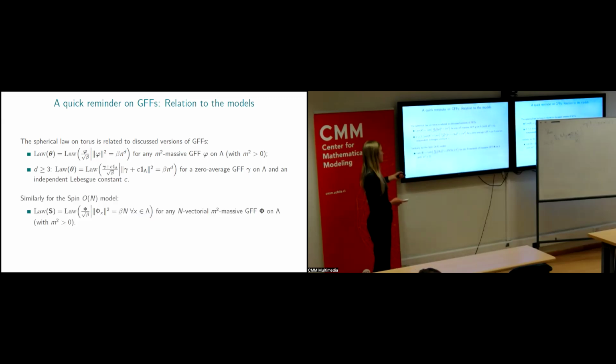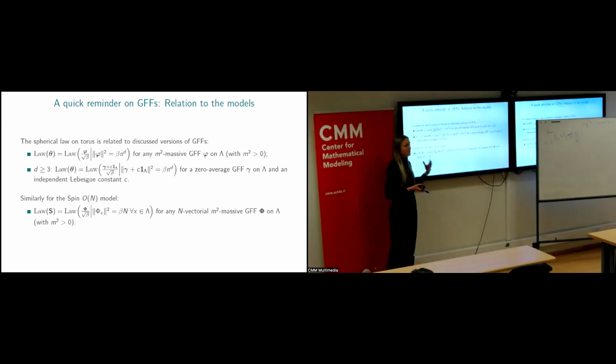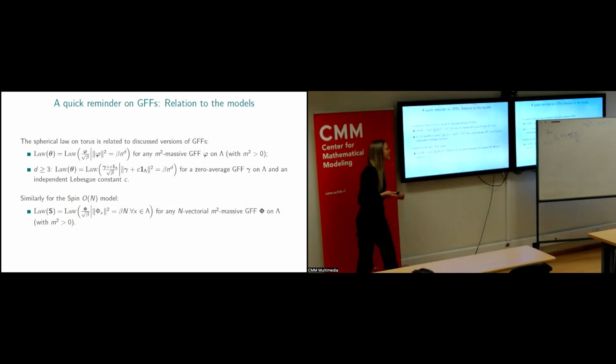And we have a similar story for the spin O model, except now we are taking the vector valued GFF, and because the conditioning in the spin O model was at each vertex, that's what we are doing here. The independent Lebesgue constant means that somehow you don't have a probability law, but you are looking at one fiber. I see. Well, kind of.